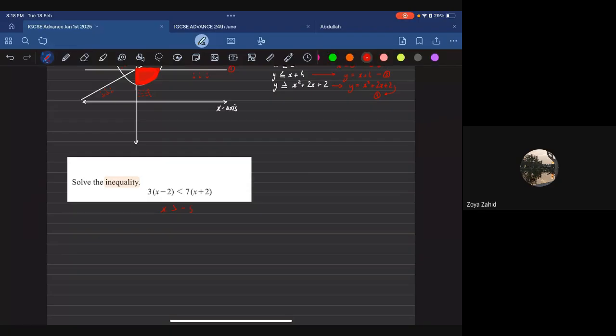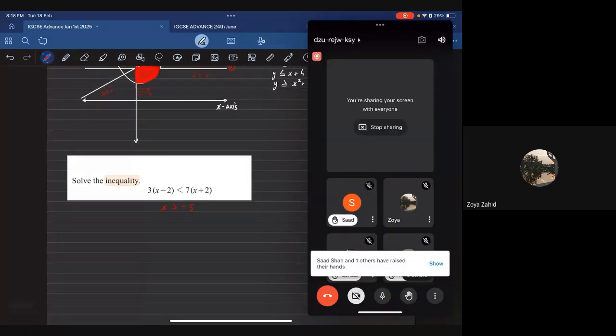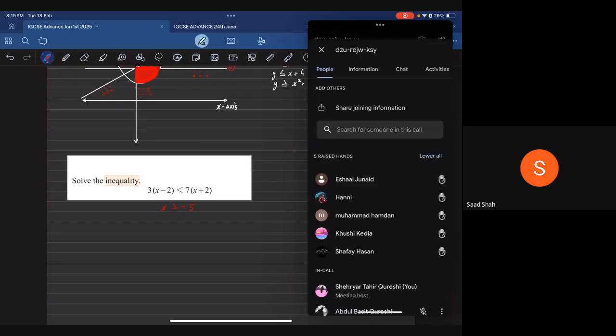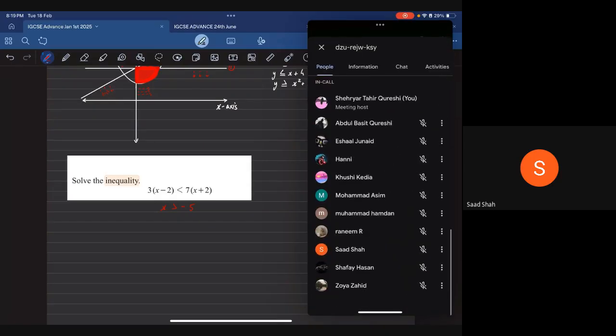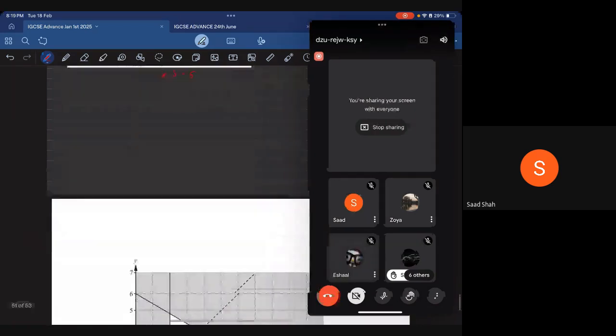Everyone agreed with Zoya? Is there anyone who's got a different answer? Yes, Saad. Saad got the same answer. All right, you guys are raising your hands for the same answer. If anyone has a different answer, tell me now. Okay, I think all of you have the same answer, so that's a good thing. Put your hands down.